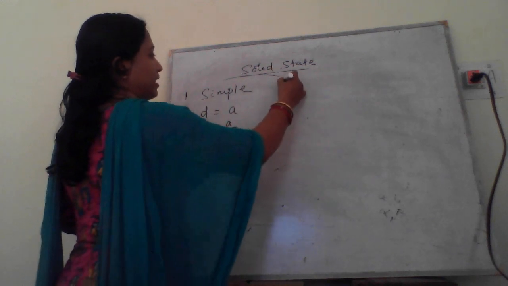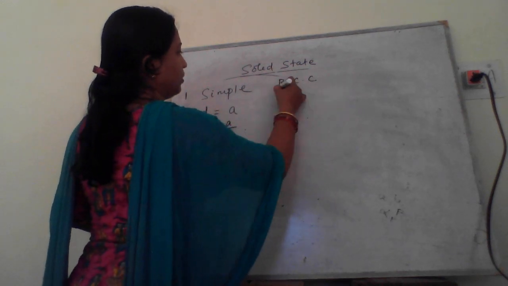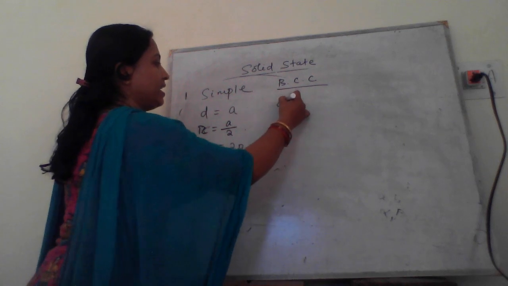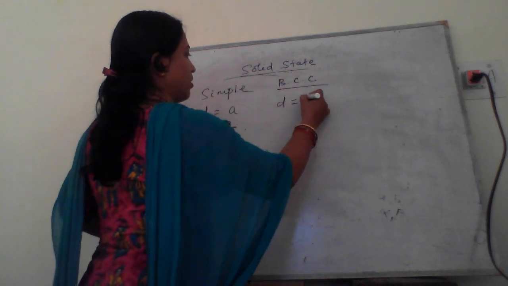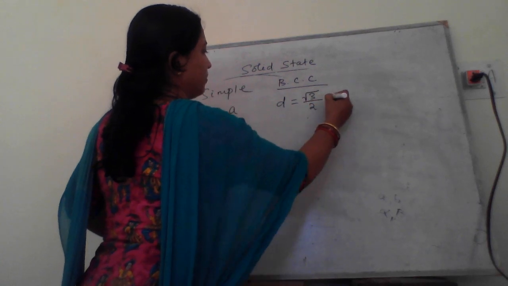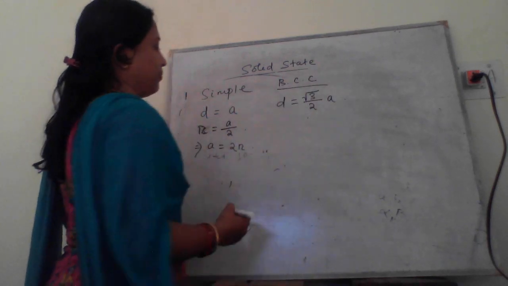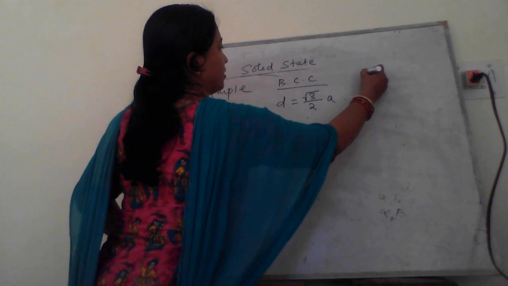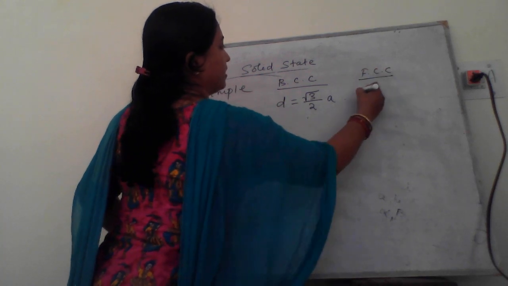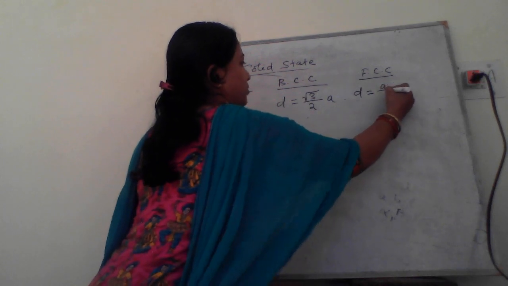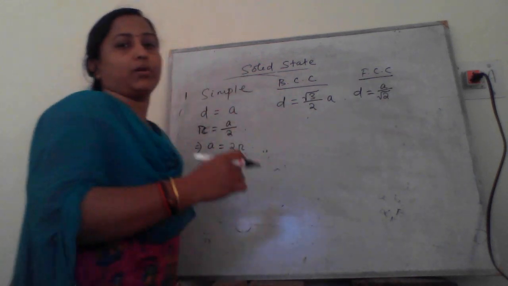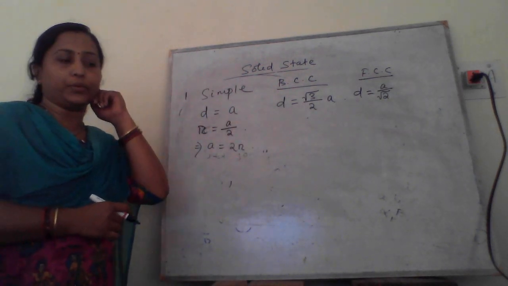In body centered cubic unit cell, d is equal to root 3 by 2 a, and in face centered cubic unit cell, d is equal to a by root 2.